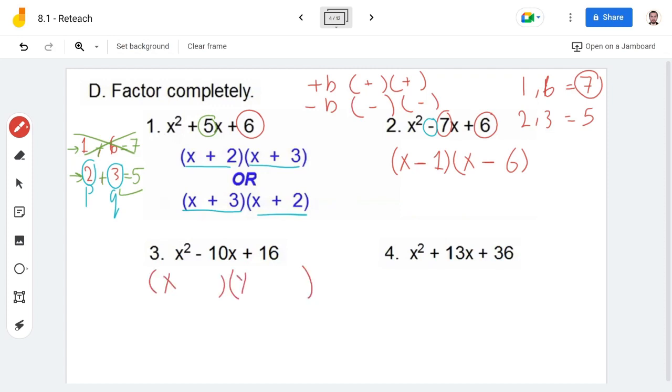Okay, with the x's. Now find the factors of 16. What are the factors of 16? 1 and 16, 2 and 8, 4 and 4.